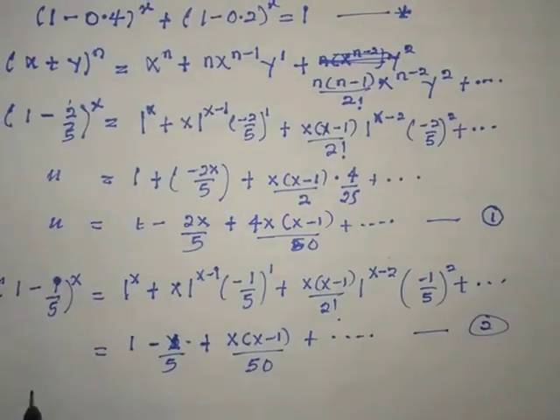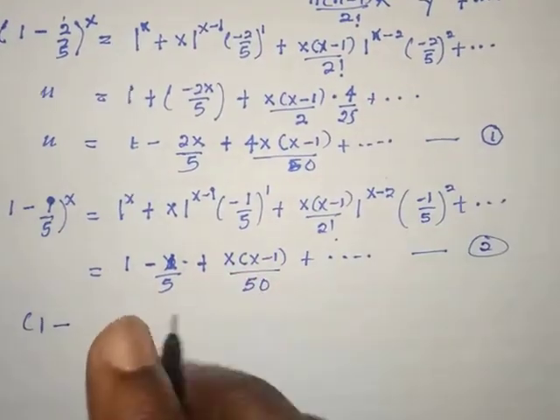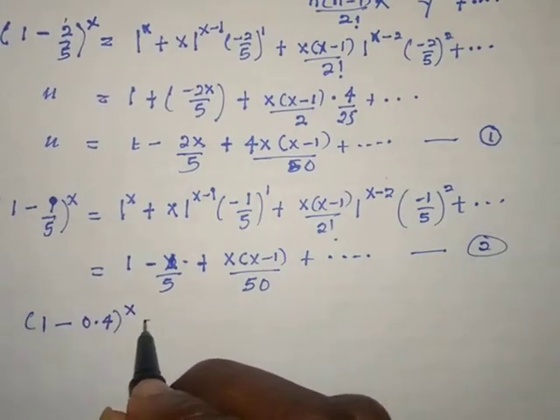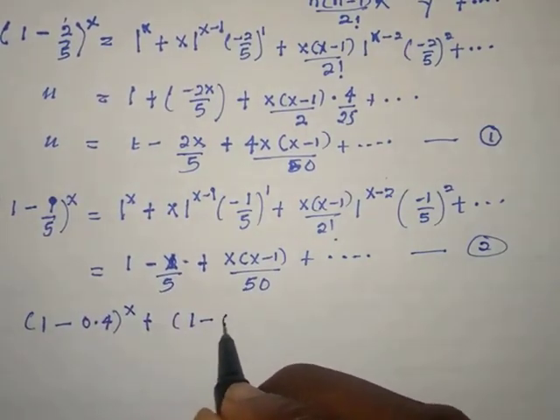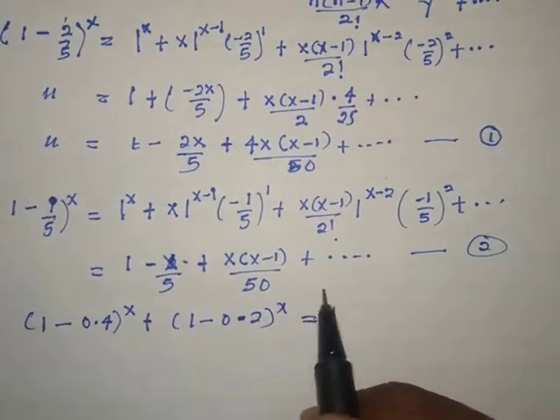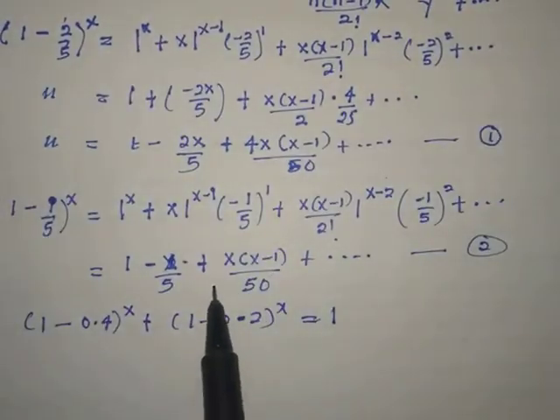But from the above, we have 1 minus 0.4 raised to power x plus 1 minus 0.2 raised to power x equals 1, and everything here has become this and everything here has become this.